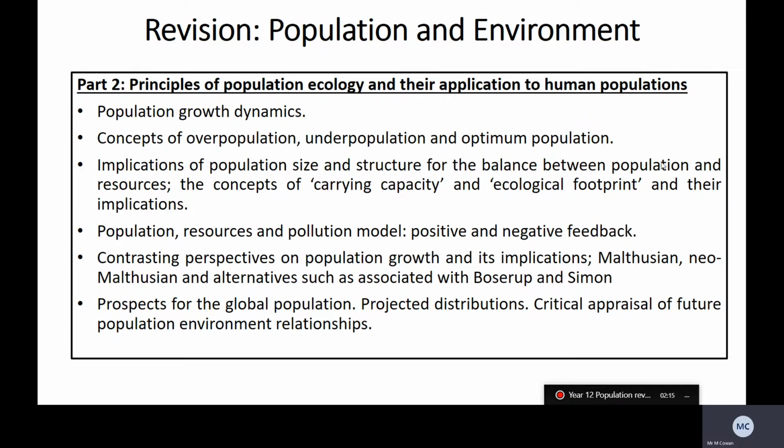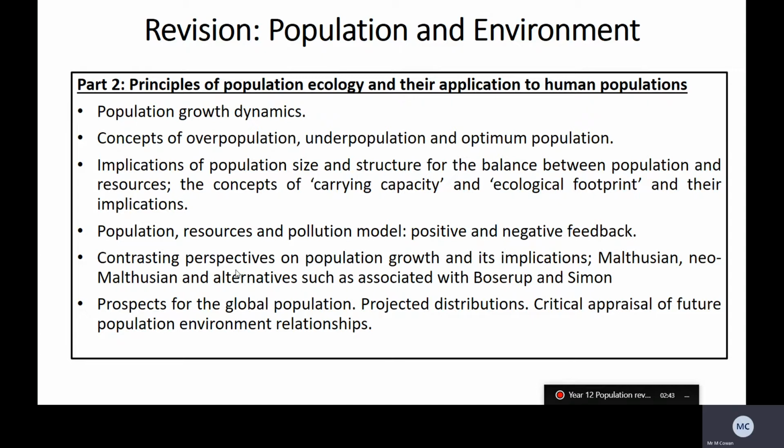This sits at the heart of the whole topic, the idea that too many people always relates to the concept of whether there's enough resources or not. Carrying capacity, ecological footprint, and their implications are also discussed. You'll also know from the stuff you've done in the past that there's the PRP model, the population, resources and pollution model, which considers positive and negative feedback.